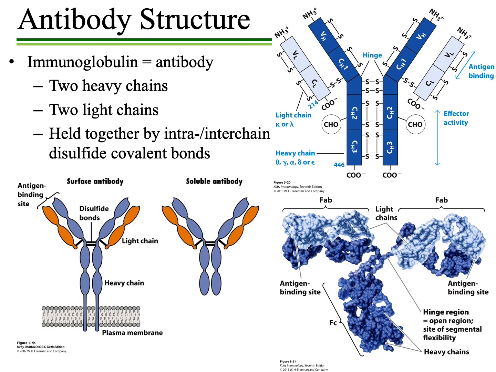Going back to the figure in the top right-hand corner, you can also see that there are carbohydrate linkages that occur with the soluble antibody. This is what in fact allows for the solubility to take place. So the carbohydrate linkage is essential for that solubility.